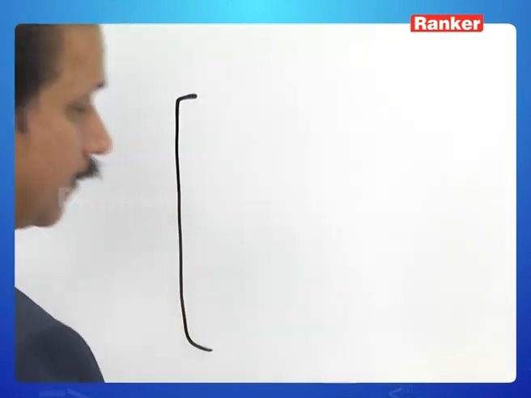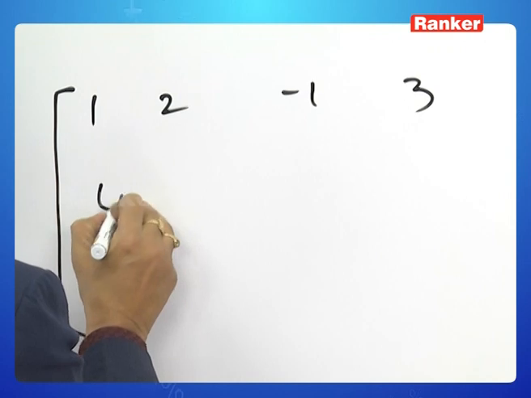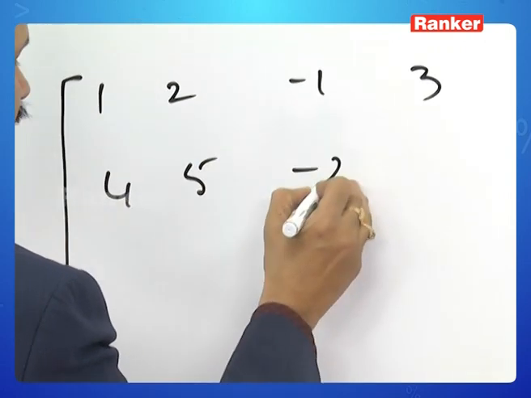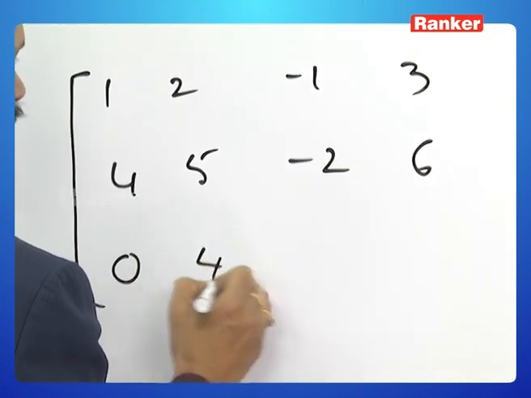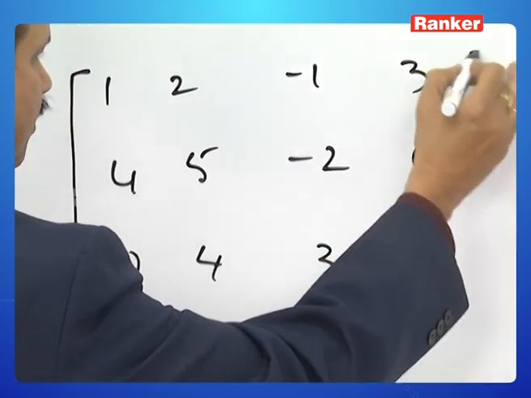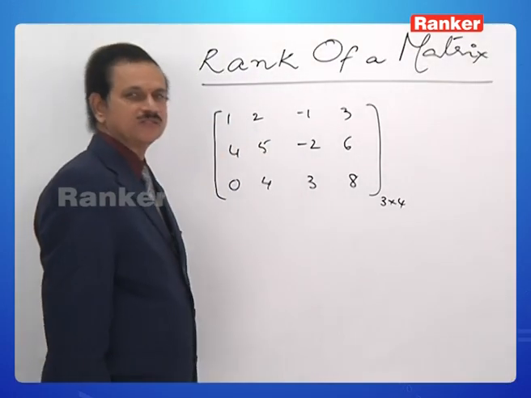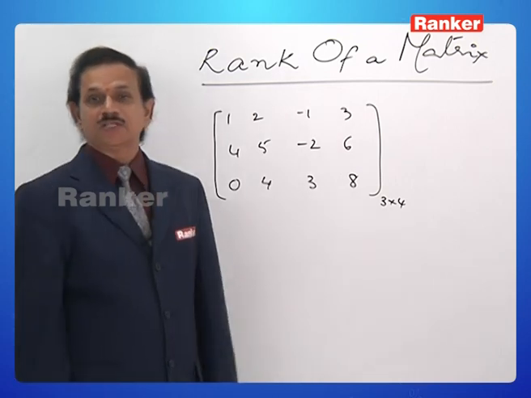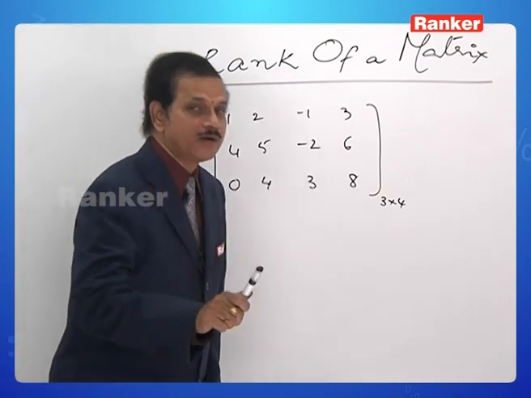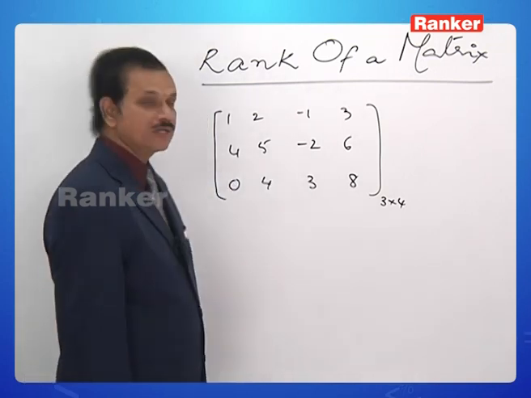Observe the matrix: 1, 2, minus 1, 3; 4, 5, minus 2, 6; 0, 4, 3, 8. Is it a square matrix? No, it is not. It is a 3 by 4 matrix. Well, to have the determinant of a matrix, you must be provided a square matrix. Okay, come on.